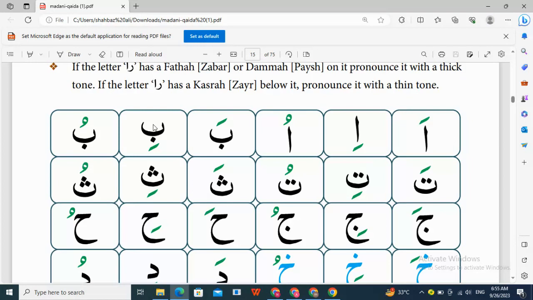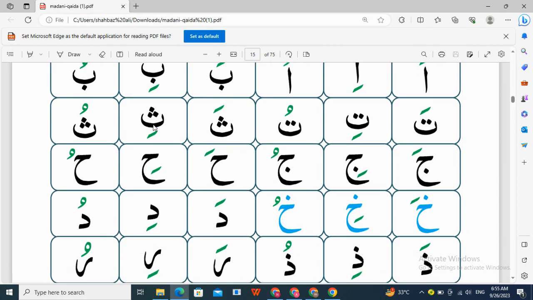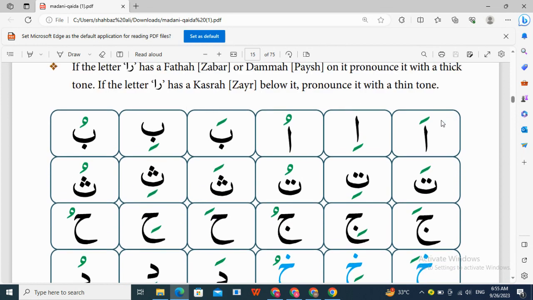Now let's start the lesson. While learning these letters, we should follow the rules. And you will read with me. Hamza zabar a. This letter, I especially repeat, is read as hamza because it has a haraka on it.